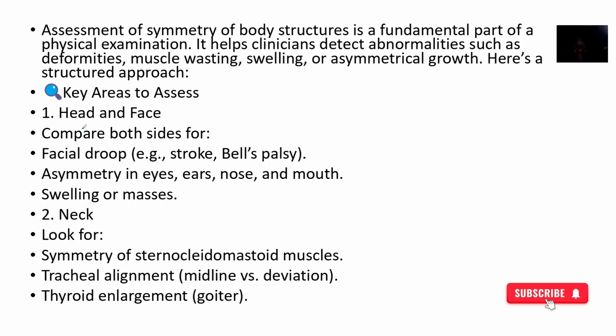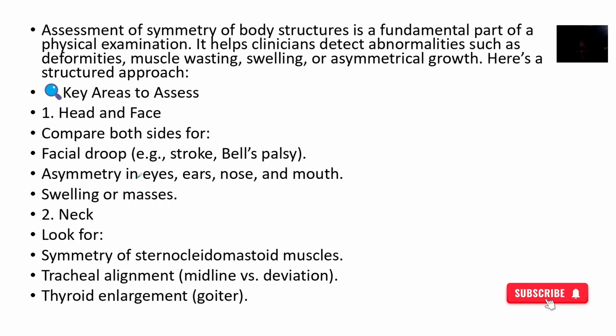So what are the key areas to assess? You look at the head and the face. You compare both sides, the right side and the left side. So you can detect conditions like facial droop, asymmetry in the eyes, ears, nose, mouth, swellings or masses.